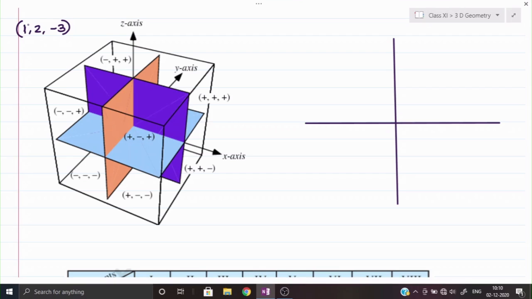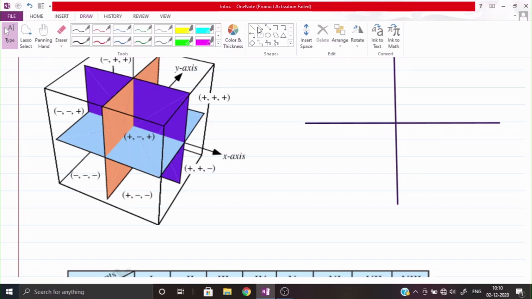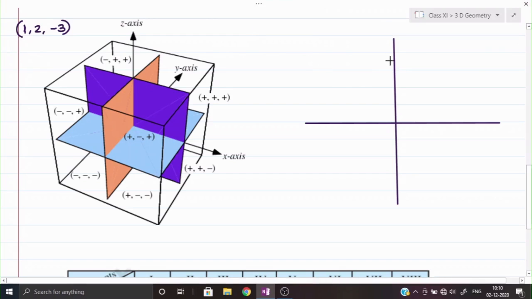First of all, let us see how to locate the third axis. Normally we draw a line in the form of a diagonal in this manner. See, this is your y-axis, this is your x-axis, and from the origin you can draw one line like this.